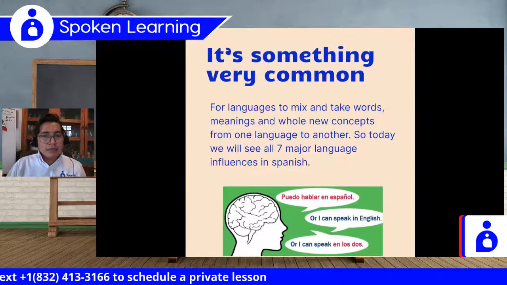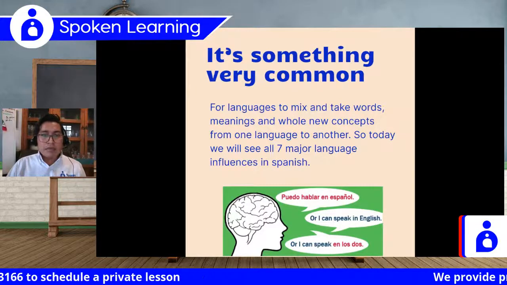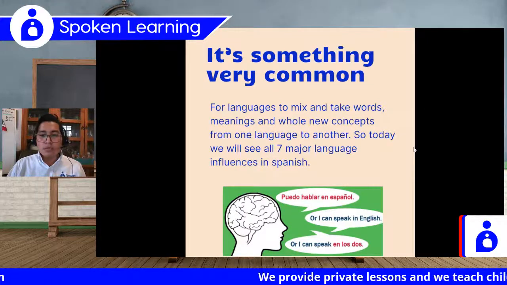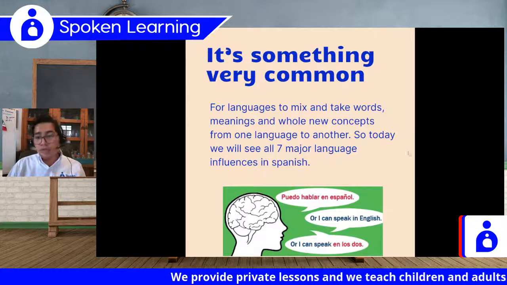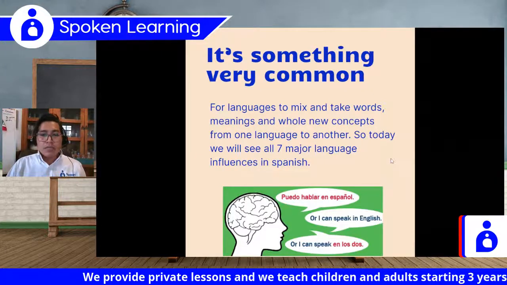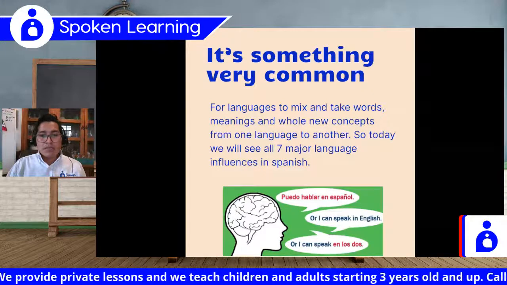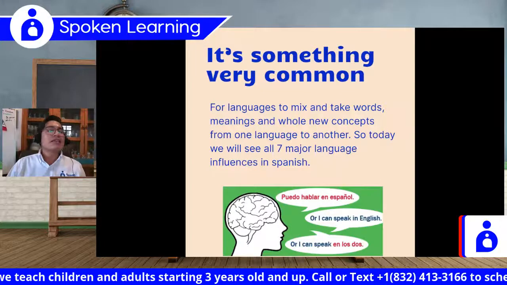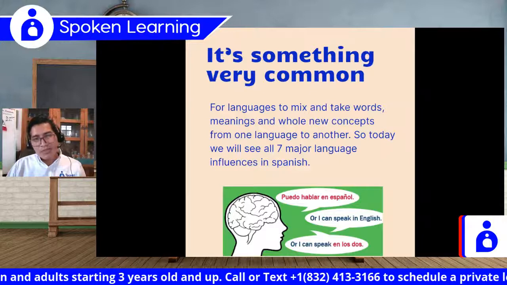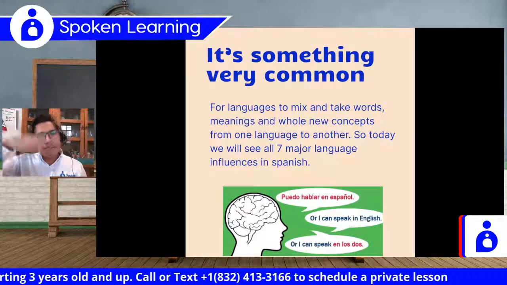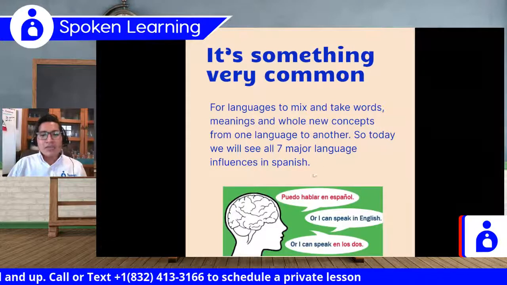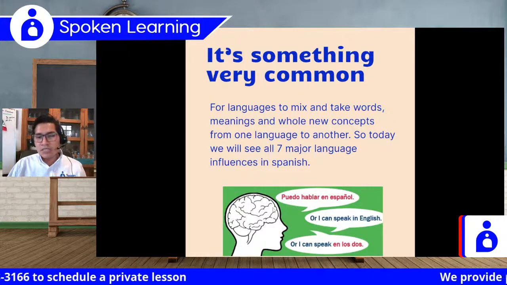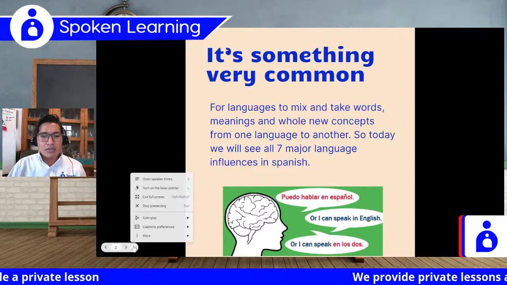It's something very common for languages to mix and take words, meanings, and whole new concepts from one language to another. So today we will see all 7 major languages. Well, it says 7 in here, but it's actually 8. But as I already told you, there is a second part that is going to be available later. So all 8 major language influences in Spanish, as you can see in here.